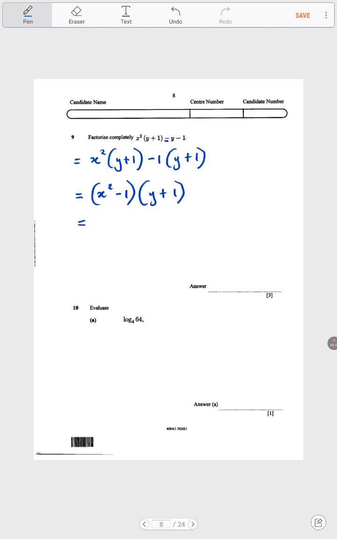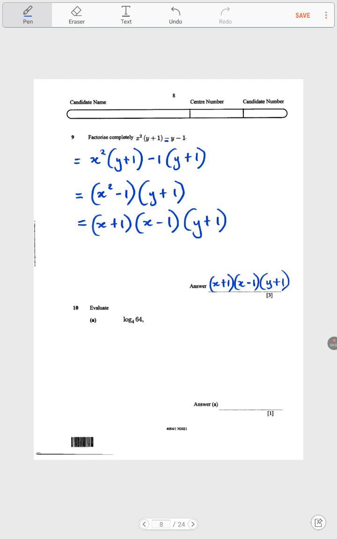And you're going to realize that this one, x squared minus 1, is the difference of two squares, which is x plus 1, x minus 1, and then you write this one, which is y plus 1. So that's the answer here. You can transfer it and write it in the answer box. Okay, so that's what you needed to do for 3 marks.